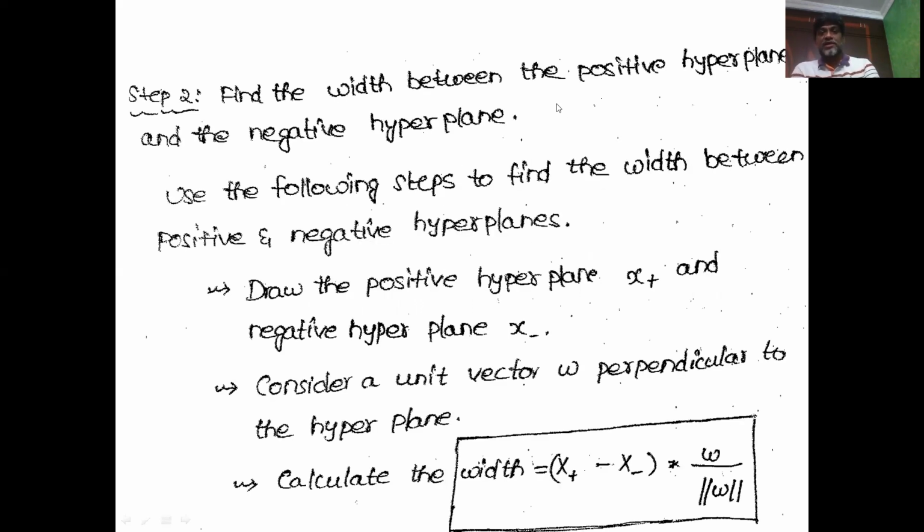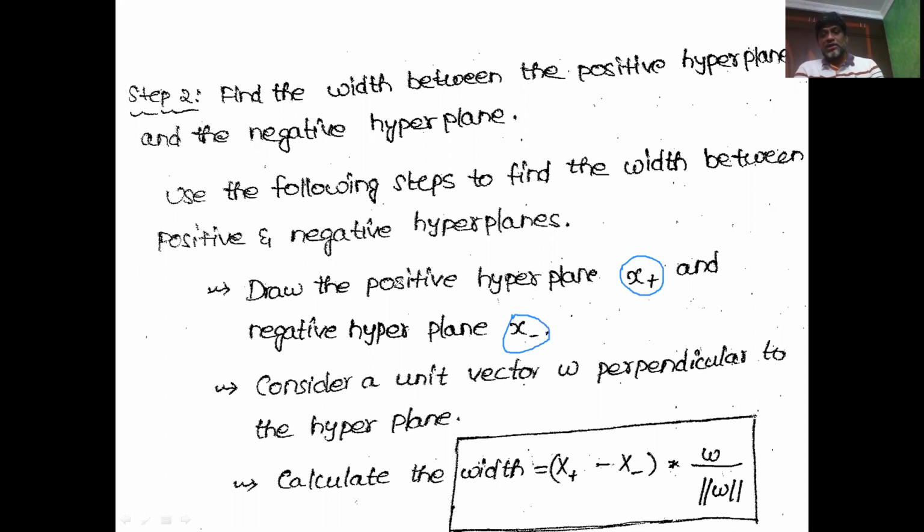Once we identified this, step 2 is we need to find the width between the positive hyperplane and the negative hyperplane. That becomes the maximum margin separation for the corresponding binary classification problem. To identify this width, imagine these two terminologies: x plus represents the positive hyperplane and x minus represents the negative hyperplane.